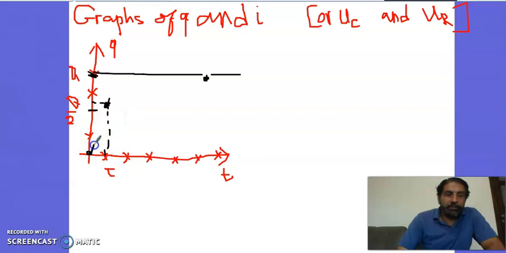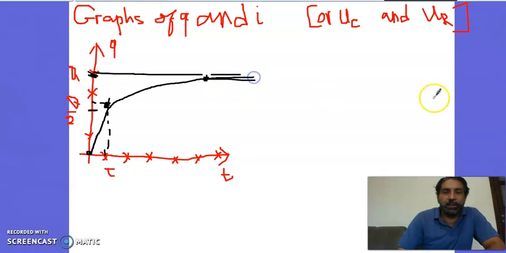So the curve increases, passes through this point, and then goes asymptotically like this, okay?